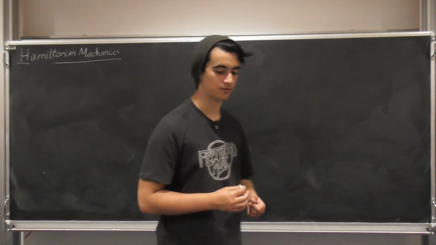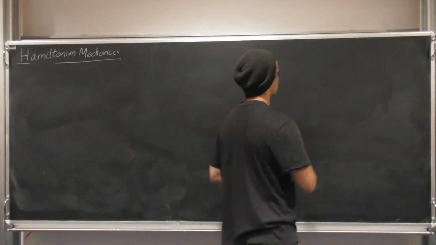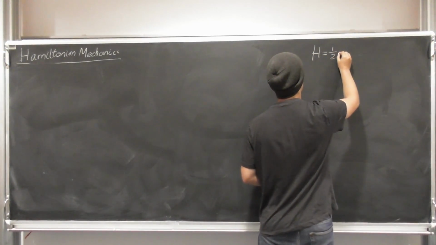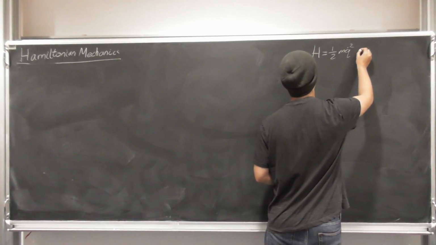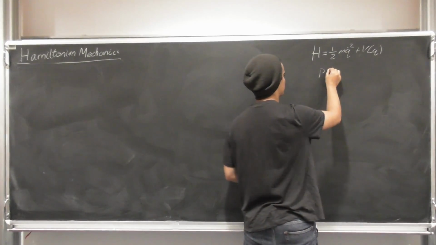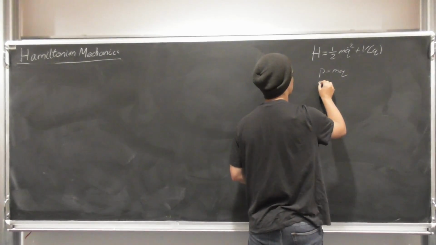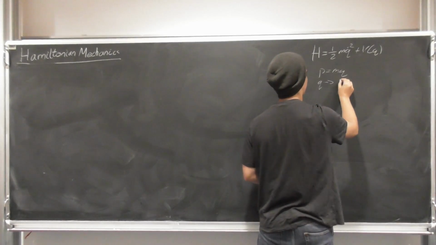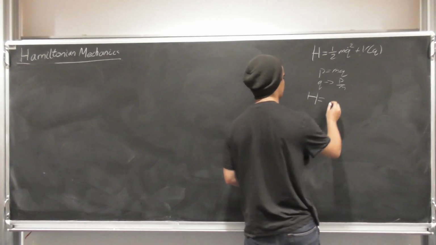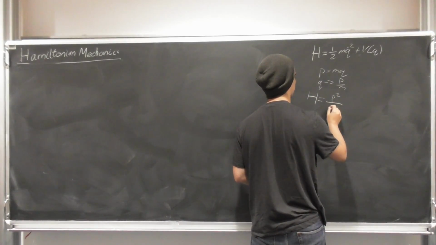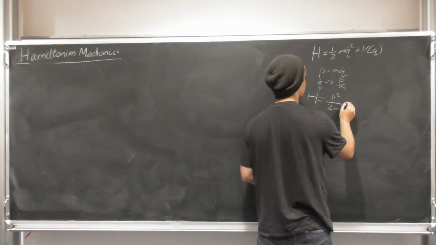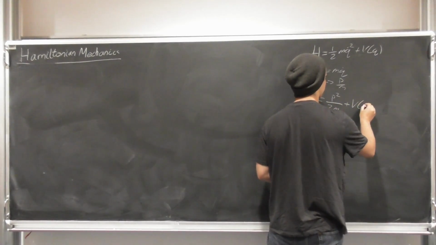Okay, so that means that we would have, say, our Hamiltonian H will be 1/2 m q dot squared plus some V of q, where now the momentum p is equal to m q dot, and so we'll send q dot to p over m, and that means we'll be able to rewrite our Hamiltonian H as p squared over 2m plus some V of q.